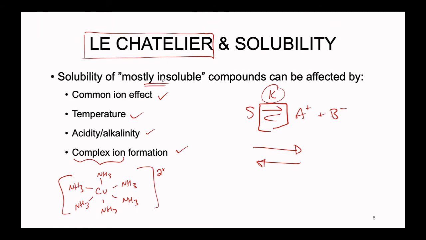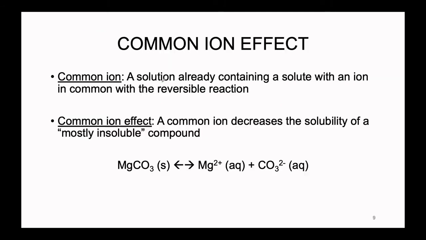Okay, so let's talk about how each of these variables in turn affects solubility, starting with the common ion effect. Okay, so what the common ion effect is, first we have to break down what is a common ion before we can talk about the effect it has on your solution. So a common ion is this first definition. It is a solution that is already going to contain some type of solute ion that is in common with your reversible reaction.